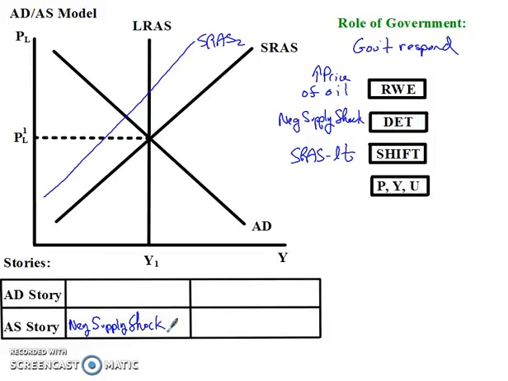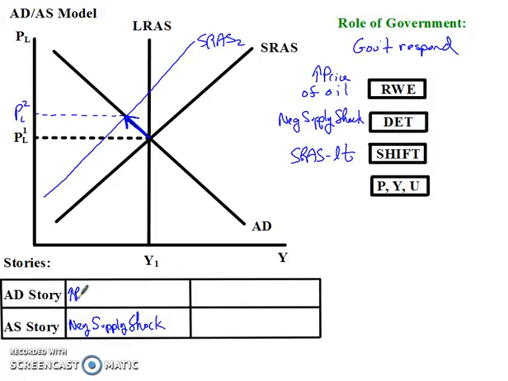The short-run aggregate supply curve shifts to the left, and as companies begin producing fewer goods and services, there are fewer goods and services available, which means prices are going to rise. As prices rise, we're going to move along the aggregate demand curve. Let's do the wealth effect this time.